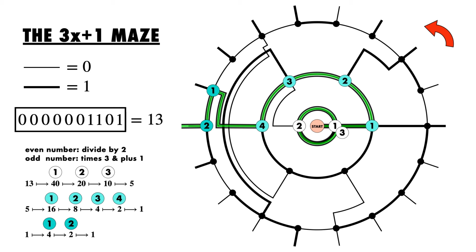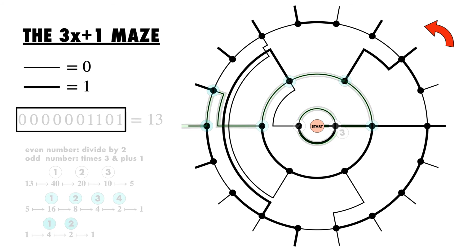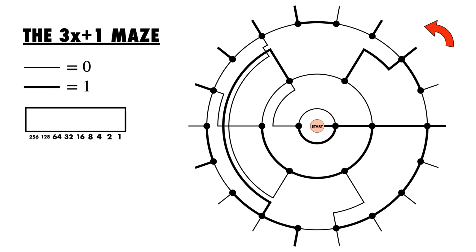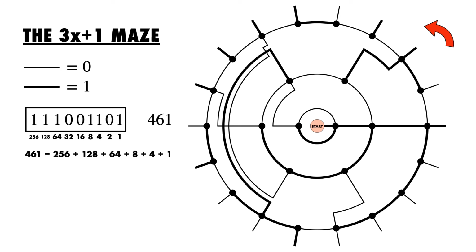We give a third example, and that will be our final example. And this time we pick a starting number, 461. And 461 is equal to these powers of 2. So that gives us the binary representation, which equals 461.